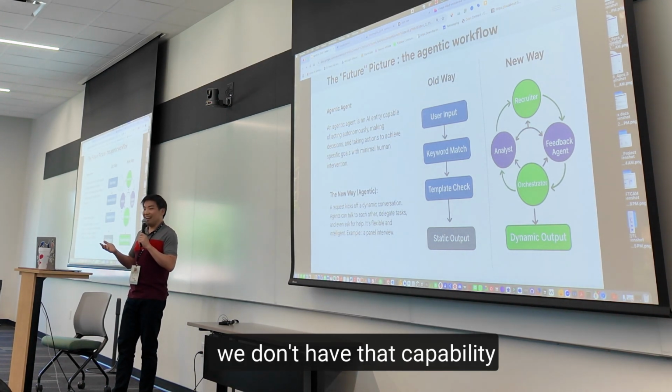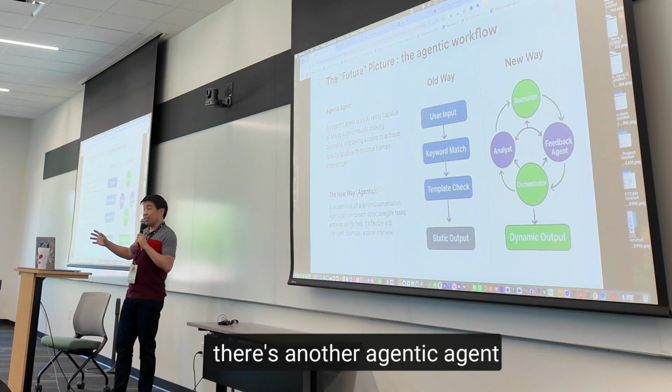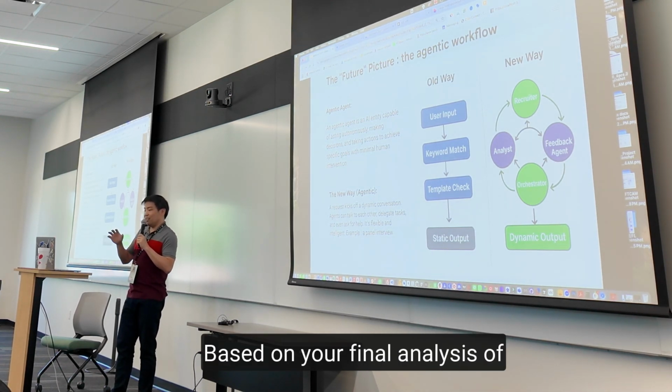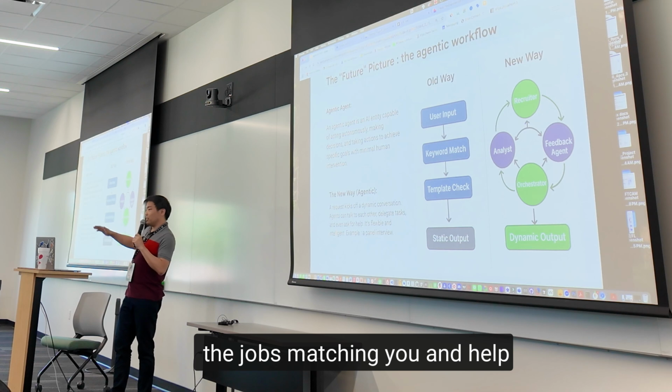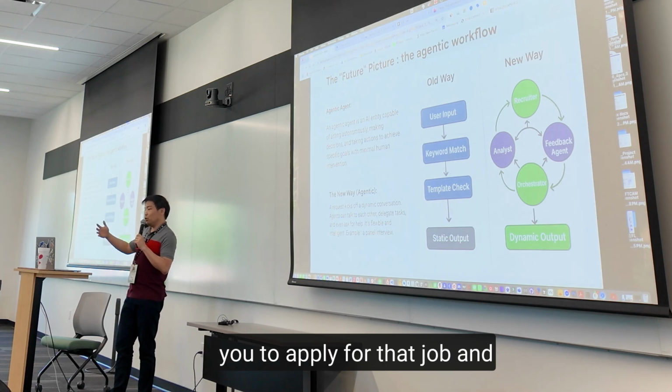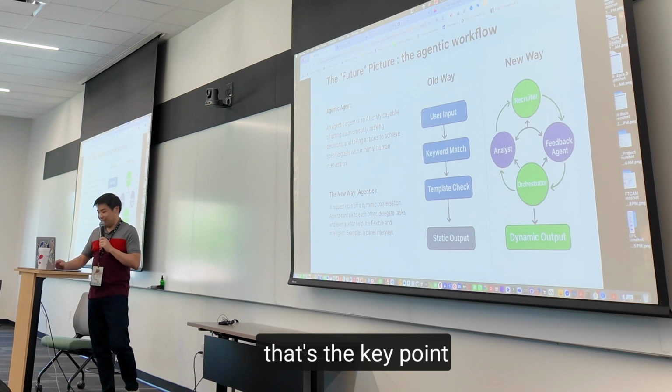Right now, we don't have that capability. In my mind, there's another agentic agent that, based on your final analysis of your interview practice, gives you recommendations of all the jobs matching you, helps you apply for those jobs, and get the real in-person interview. That's the key point.